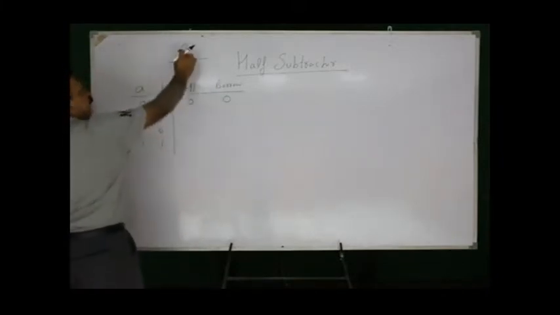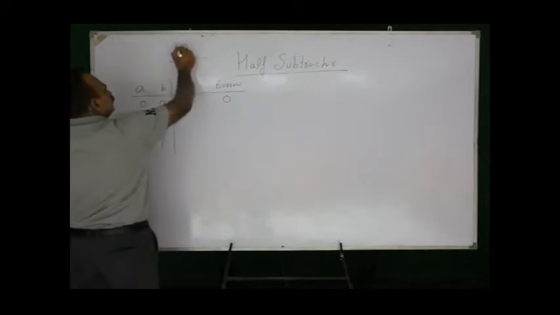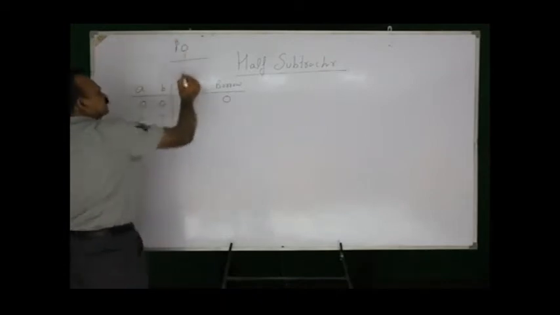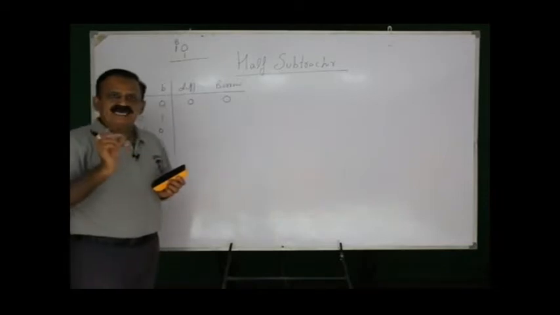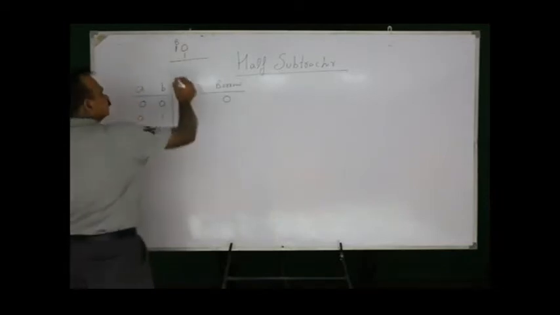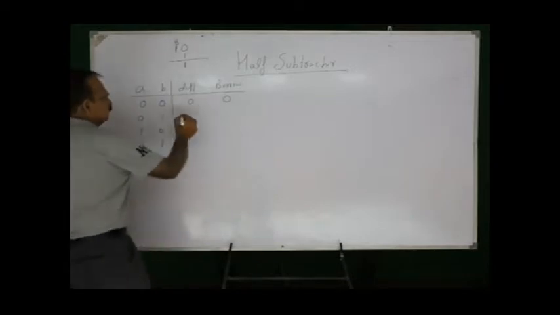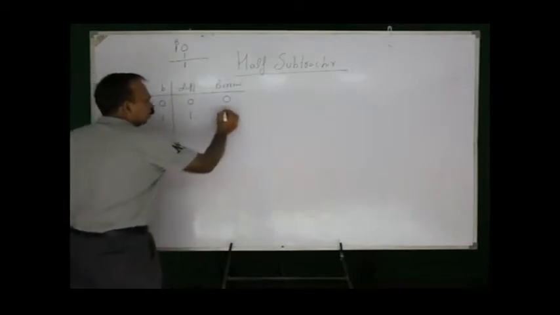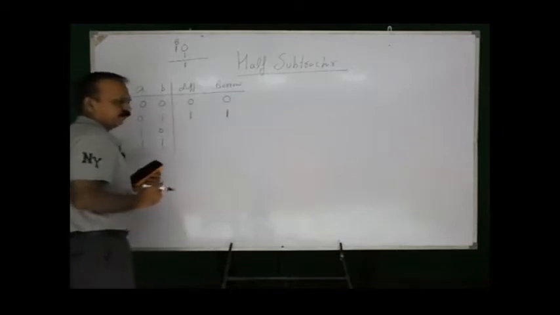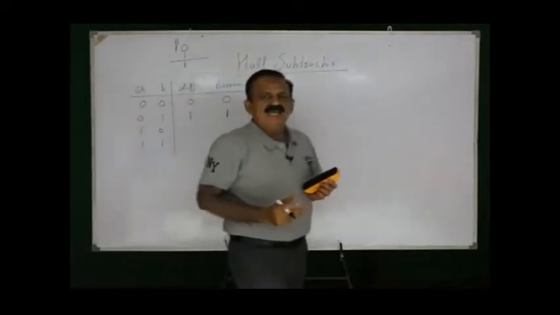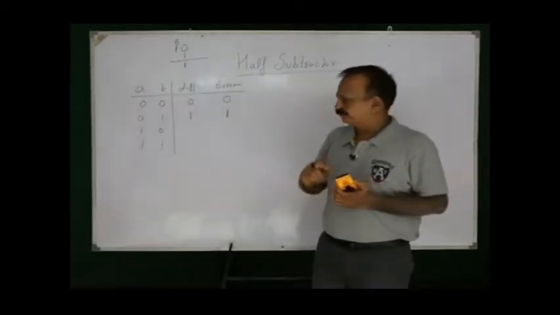Positively I need a borrow here, so there will be a borrow from the next state. Now this is 10 minus 1, and 10 minus 1 will be 1. That means the difference here will be 1 and borrow here will be 1.